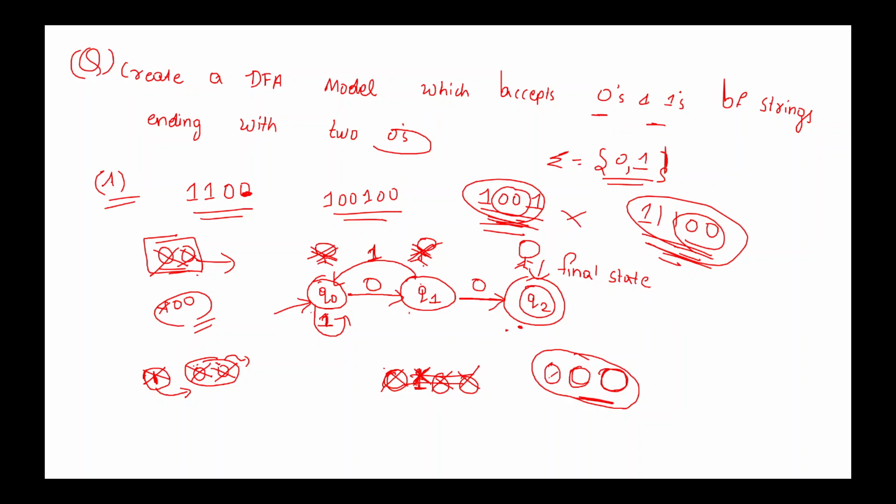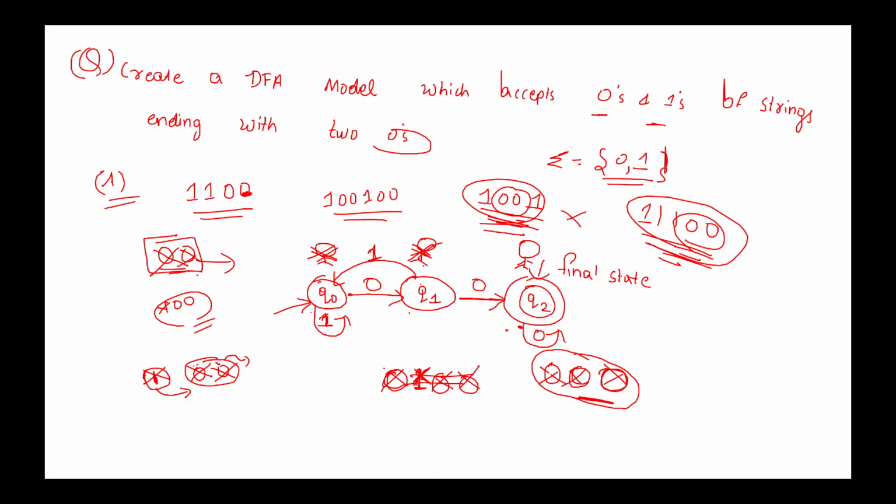So q0 on 0 comes to q1, q1 on 0 comes to q2, and q2 on 0 should end in a final state, because it satisfies the condition. Why? Because it ends with two zeros. So q2 on 0 should stay at q2 itself, because it should end at the final state.